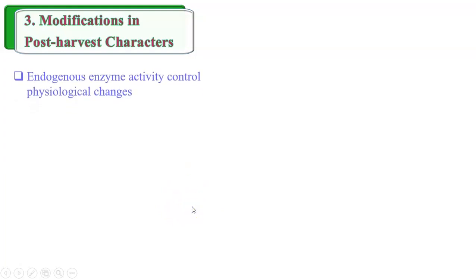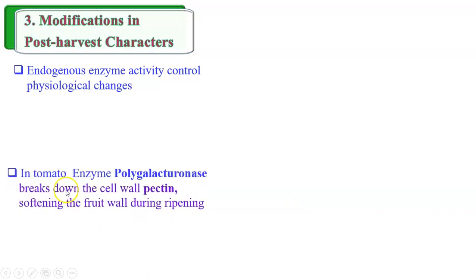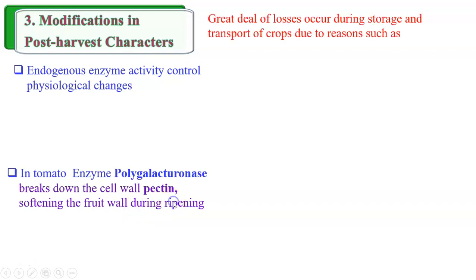The third way of using transgenic plant is modification in post-harvest characters. The endogenous enzyme activity usually controls the physiological changes. We can take the example of tomato. The enzyme polygalacturonase is responsible for breaking down of the cell wall containing pectin and softening of that fruit wall during ripening.